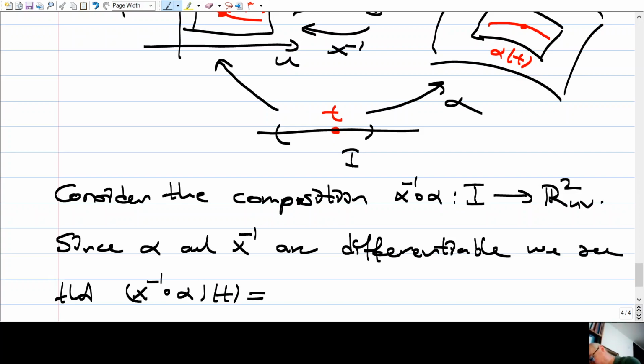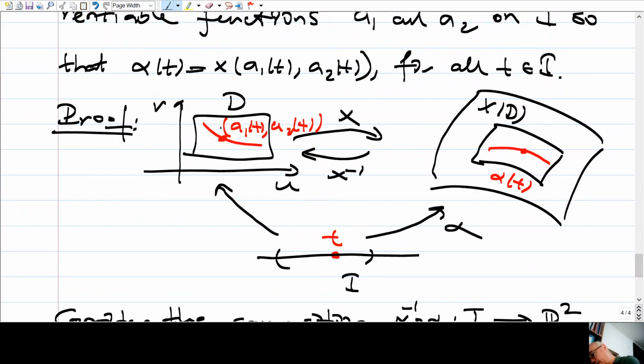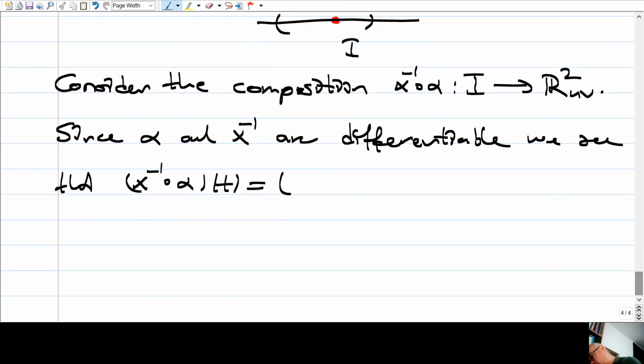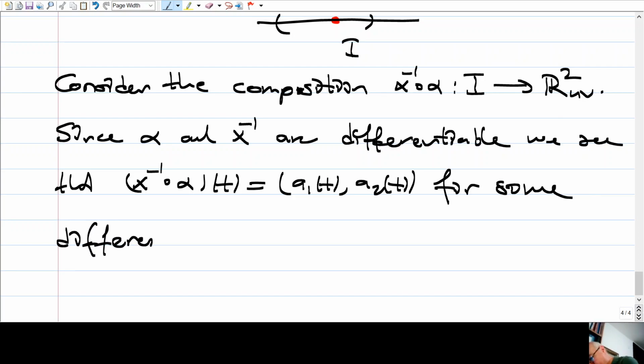So for each t, this has two coordinates, u coordinate and v coordinate. So coordinate functions are given like this for some differentiable ai.